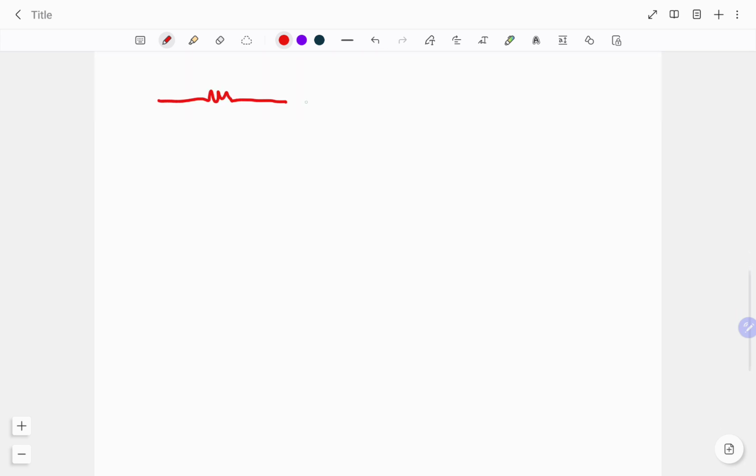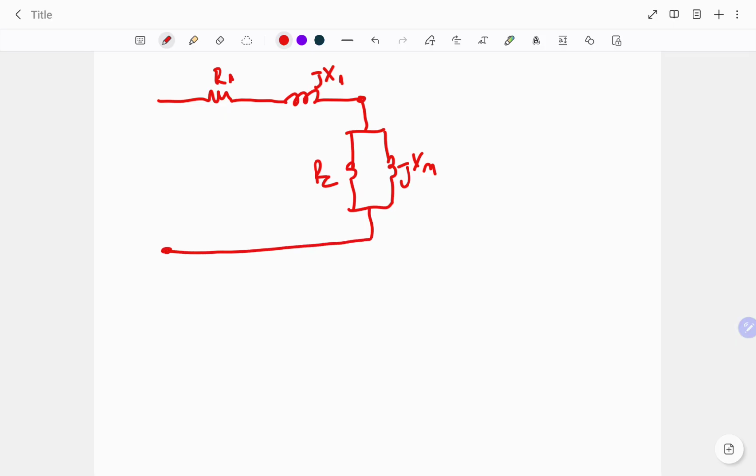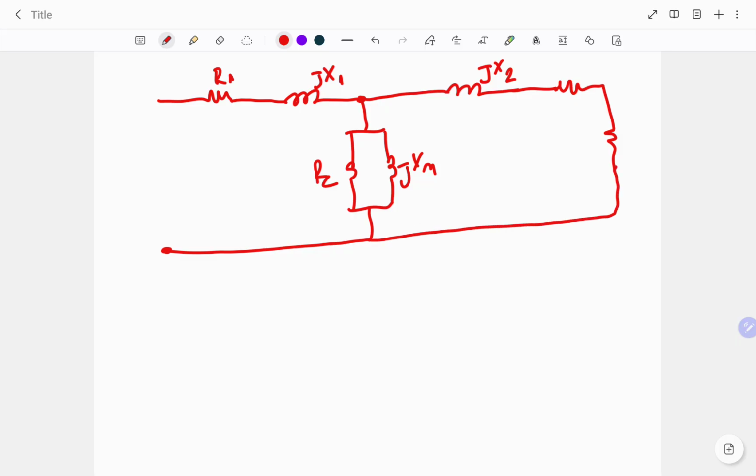So it is actually very similar to the first one. R1, X1, and the excitation branch will remain with RC and XM. And then X2 will come, but we will use two resistances instead of one.